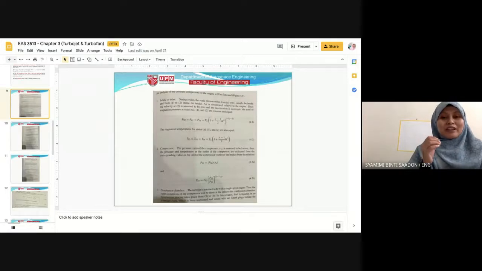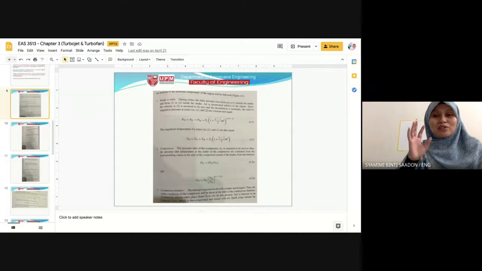So we have to calculate at each point, 1, 2, 3, of the thermodynamic cycle just now. We have to calculate all the physical values, which are normally temperature and pressure, in order to get the thrust force or the propulsive efficiency at the end. That's why all these equations are given.